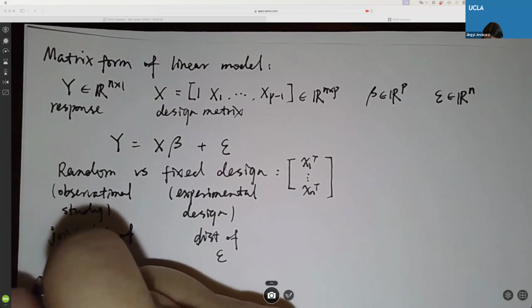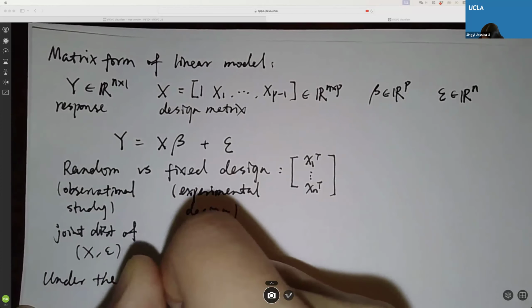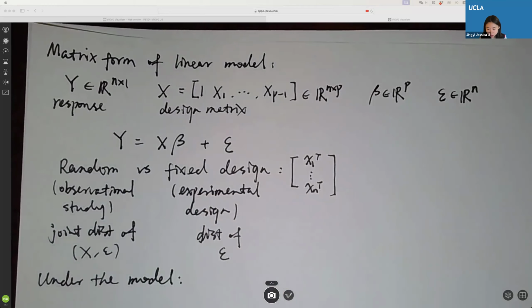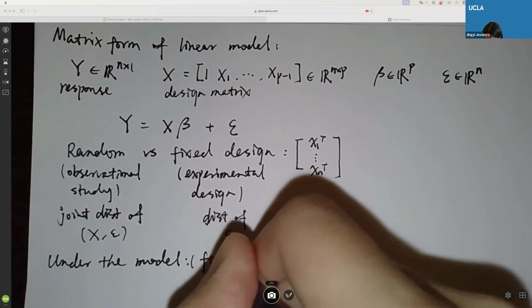So we said that under the model, and in statistics, the models we talk about are probabilistic models, which involve random variables. And here in the fixed design, it's the epsilon. So let me just say fixed design.